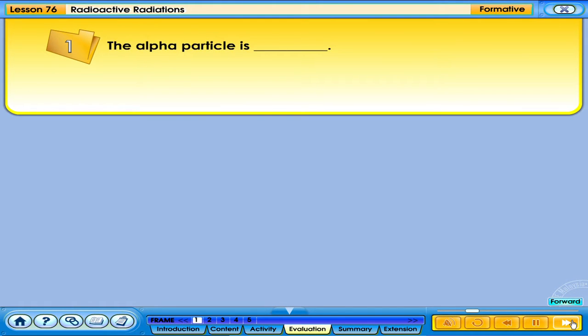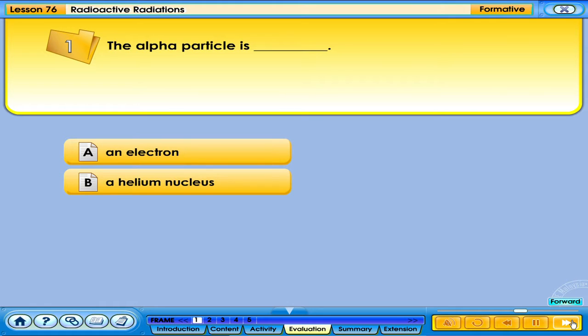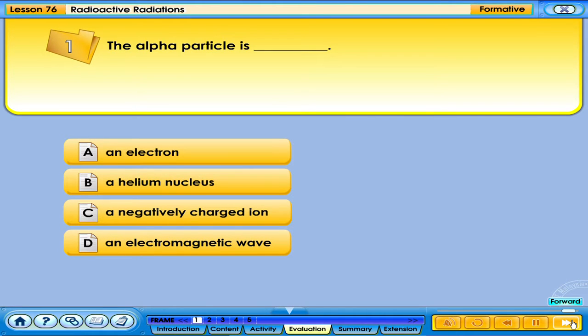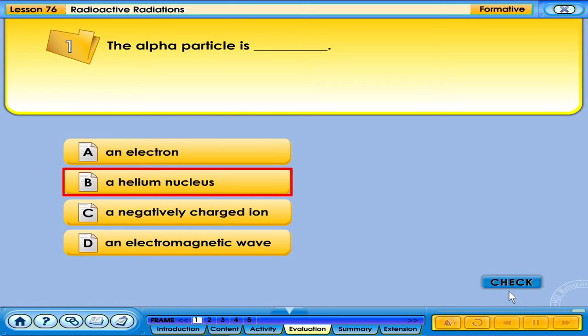The alpha particle is A. An electron, B. A helium nucleus, C. A negatively charged ion, D. An electromagnetic wave. Your answer is correct.